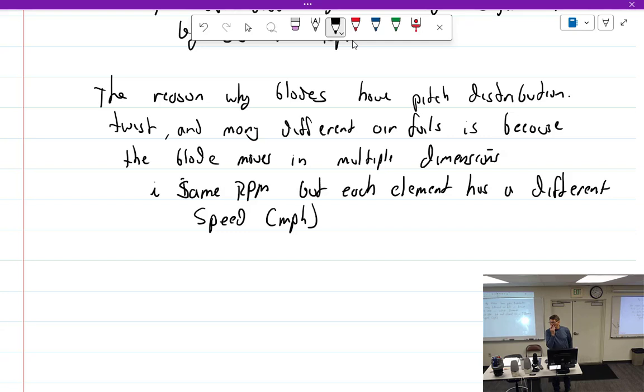Faster, farther out. The further out you go, the faster it goes. The closer you get to the hub, the lower the miles per hour. And what's my limiting factor for the blade speed? Transonic, right? We don't want to go that fast. You can hear props that are near it. They're loud, and it's really hard on them.